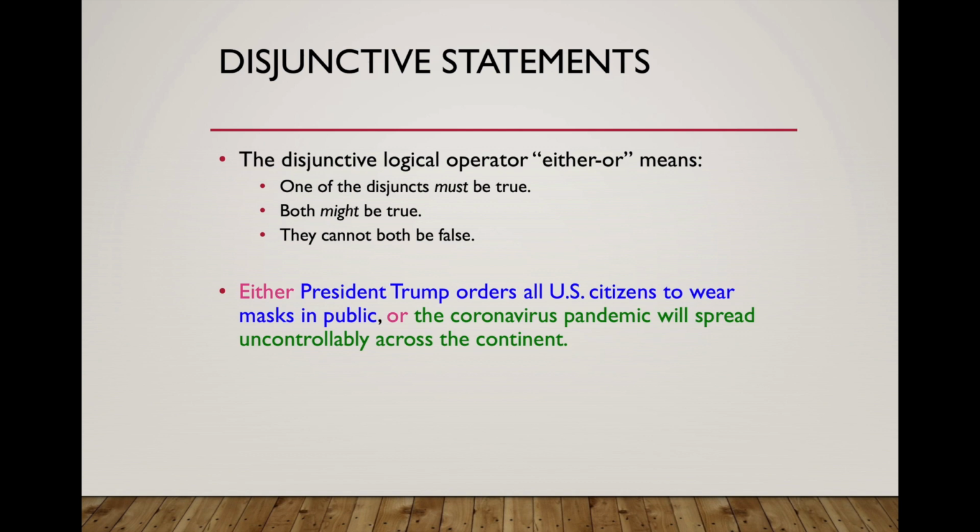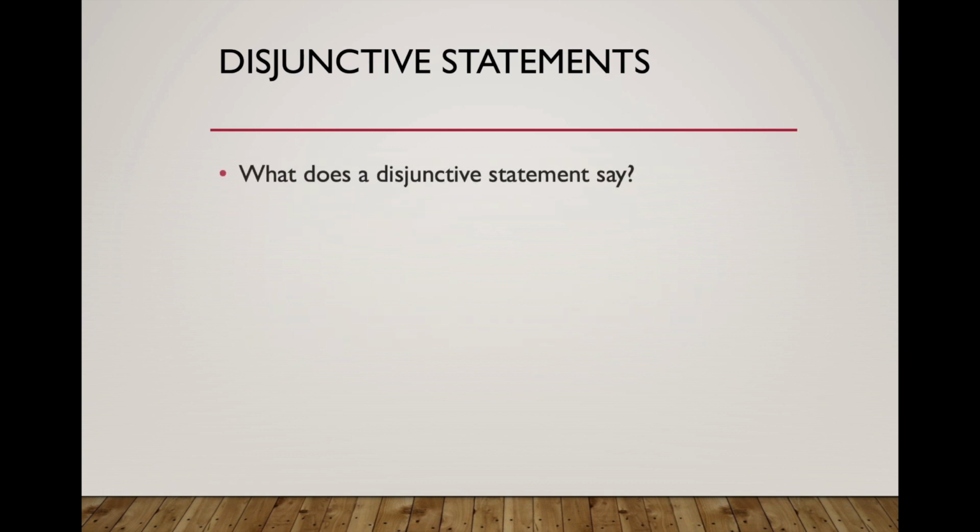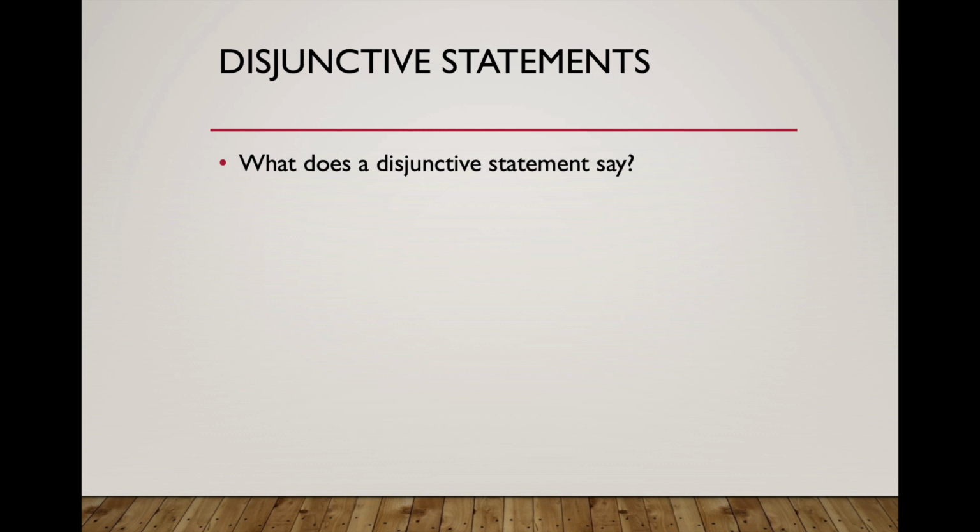And that should tell you that the only valid form of a disjunctive argument is a form in which the second premise denies one of the disjuncts. In other words, if I know one of these statements is not true, I can conclude that the other one must be true. And that's a logically necessary conclusion, making it a valid argument. So what does that disjunctive statement say again?